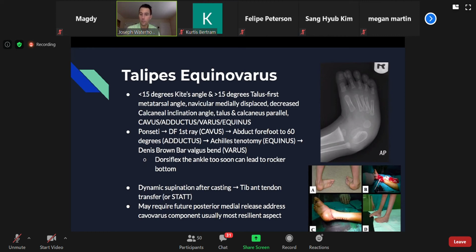So what are the components of a TEV patient? You have cavus, right? So the first met's dropped. You have an adductus, which is, again, obvious from the clinical depiction, and varus and equinus. So again, that's the same order that you're basically addressing your deformity correction in general.